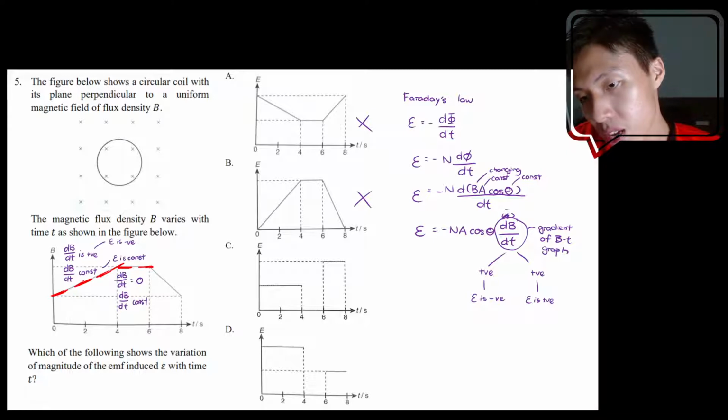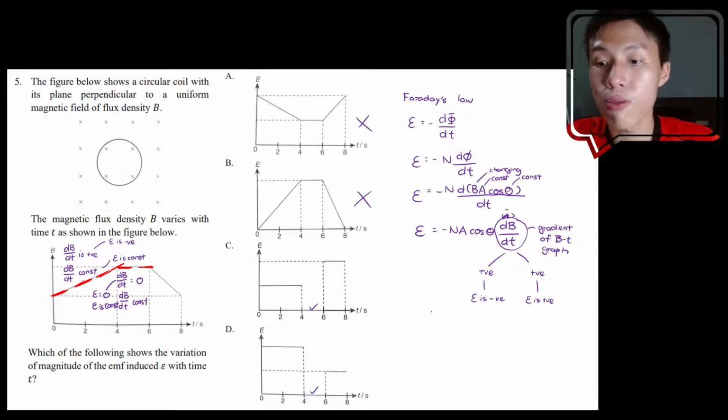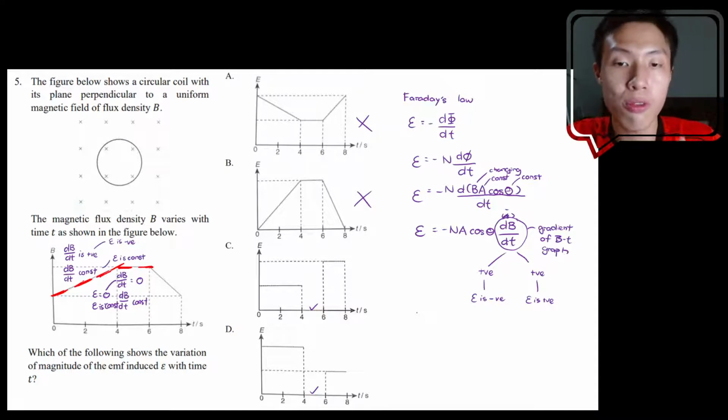So this will tell you that epsilon will be equal to 0 and epsilon is constant. Okay, so both of the EMF here are equal to 0 from 4 to 6 seconds. So both of these are still in the race. Both of these are still probable valid answers.